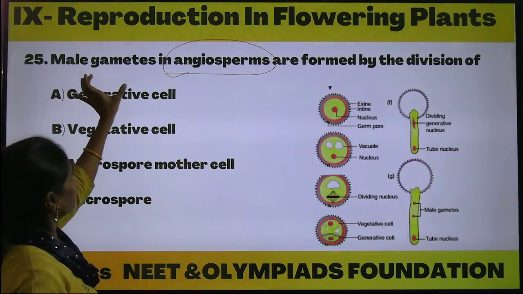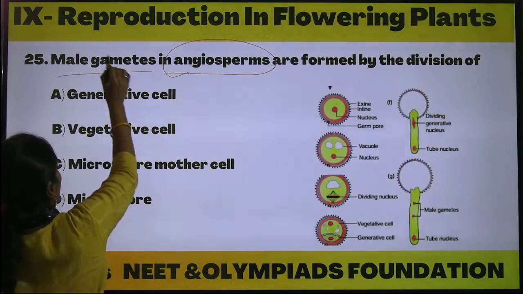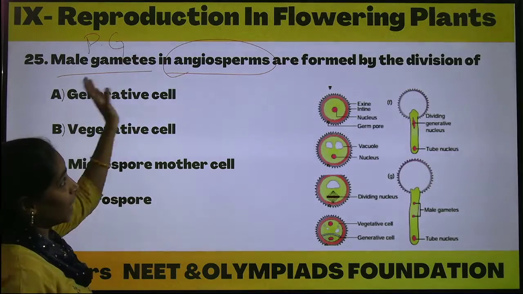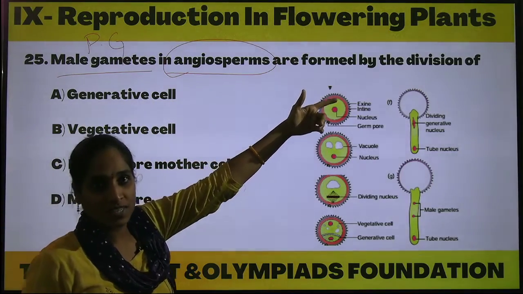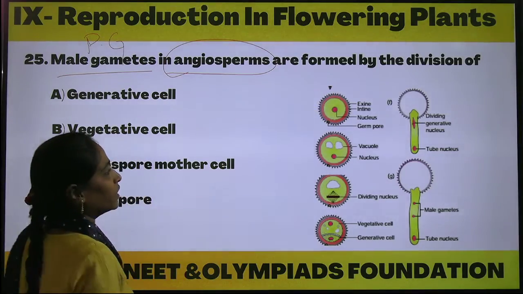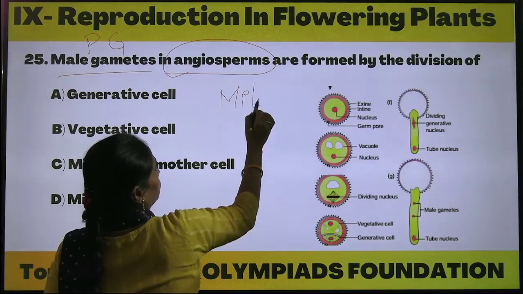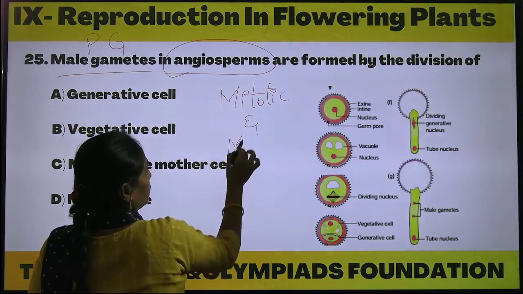Male gametes are nothing but pollen grains. What are the male gametes called as? Pollen grains, right. So these pollen grains in the angiosperms are formed by which kind of cell division is what he is asking. How many kinds of cell divisions do we have? Mitotic cell division and the meiotic cell division.